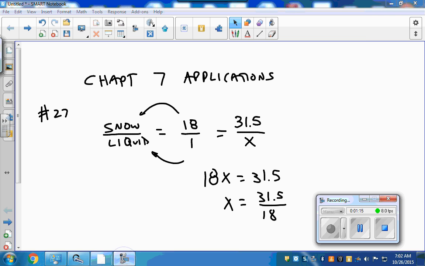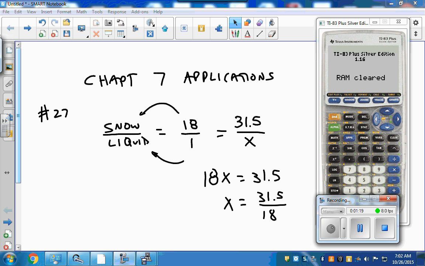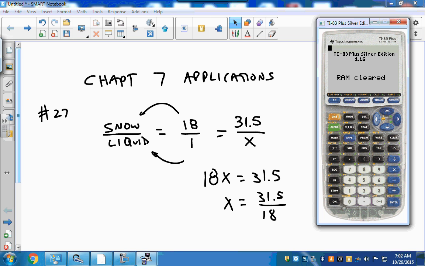Let me grab my calculator just for a sec. Okay, here's my calculator. So we're just going to divide 31.5 by 18 and get 1.75 inches.